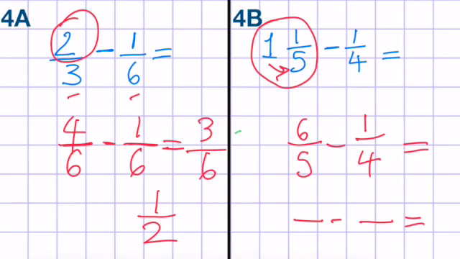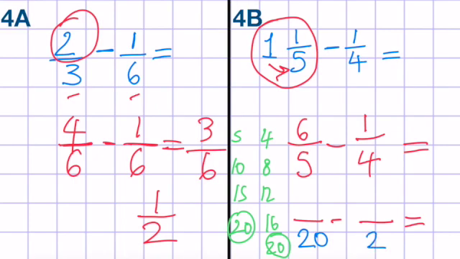If I write out my 5s, 5, 10, 15, 20, and then my 4s, 4, 8, 12, 16, 20, we see that 20 is going to be the new denominator. Okay? What have I done to 5? I've timesed it by 4. So I'm going to do the same thing to 6. I'm going to do 6 times 4, which is 24.